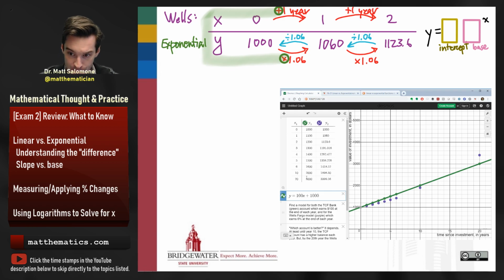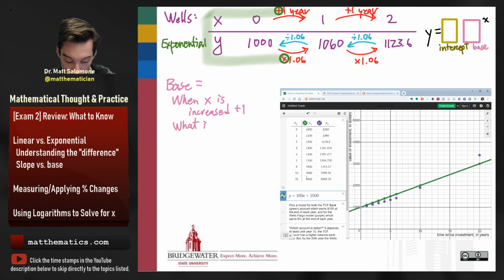And so, in our example here, if I wanted to know what the base of my exponential expression is, it's an answer to the question, when x is increased by 1, so when I add 1 to my independent variable, my input variable, my x, what is y multiplied by?